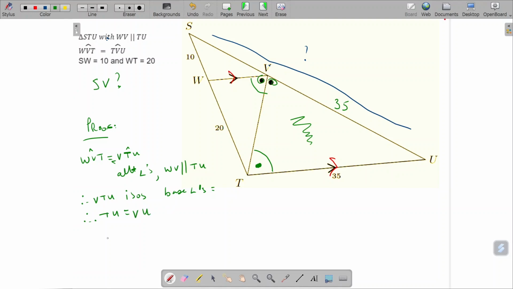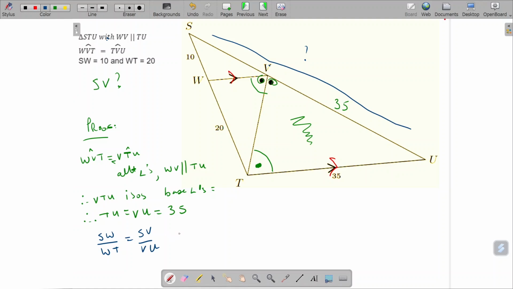Well, we now know not just that they're equal, but more specifically, since they told us how long TU was, we know that VU must be 35. Well, again, that allows me to work out SV, because these two sides were parallel, so I know the sides are in proportion. So I know that SW over WT must equal SV over VU.